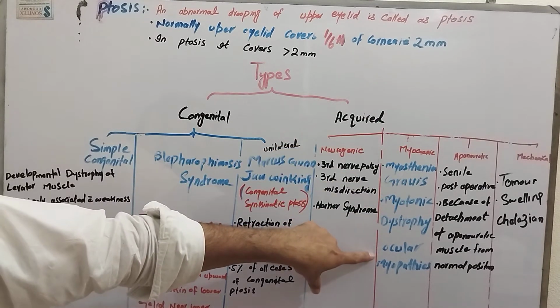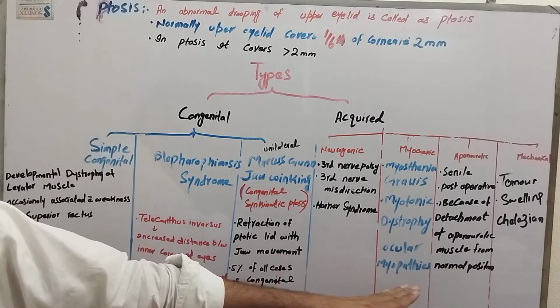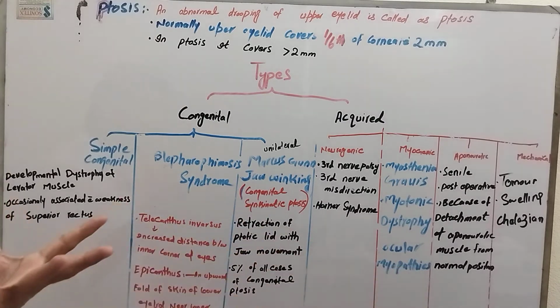Third one is ocular myopathies. It is clear from the name, there is a disease of the muscles of their own, pathology of the muscle itself affecting the muscles involved in lifting the lid upward.